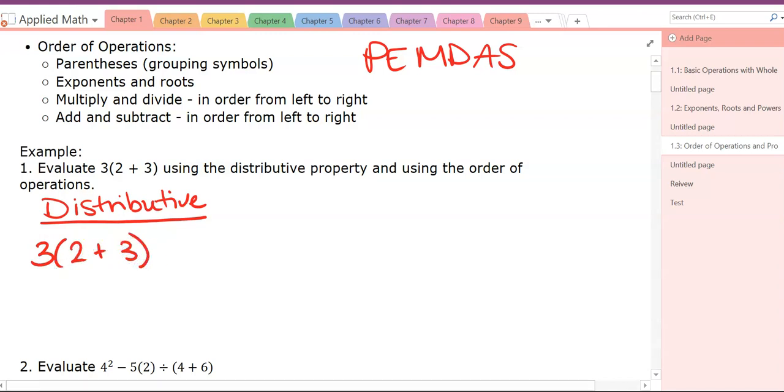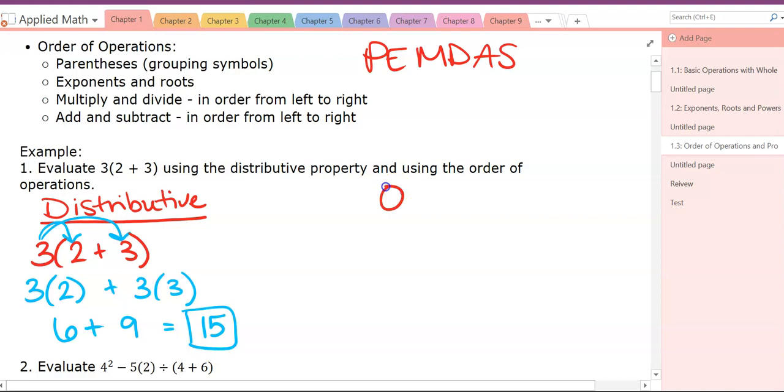So the distributive property is when you take the number on the outside and you multiply to the numbers on the inside. So you're taking 3 times 2 and then 3 times 3. So you're going to have 6 plus 9, which is equal to 15.